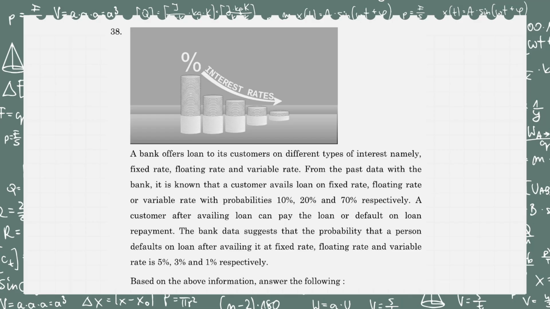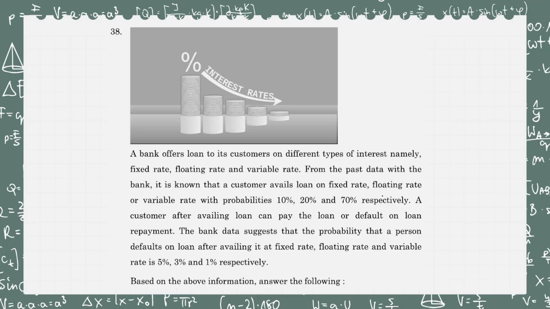Variable rate means you can adjust it according to your need by paying some amount and you can increase or decrease according to your requirement. So, a customer who avails the loan with fixed rate has a probability 10%, and a customer who avails a loan with floating rate is 20%, and with variable rate is 70%.